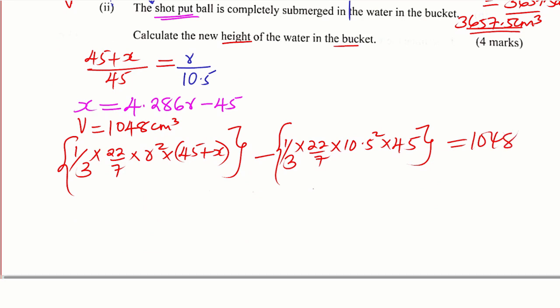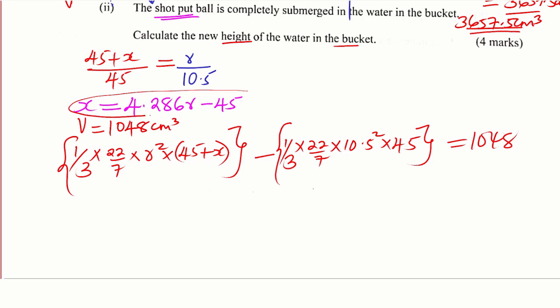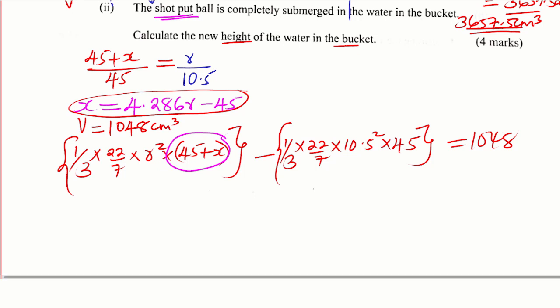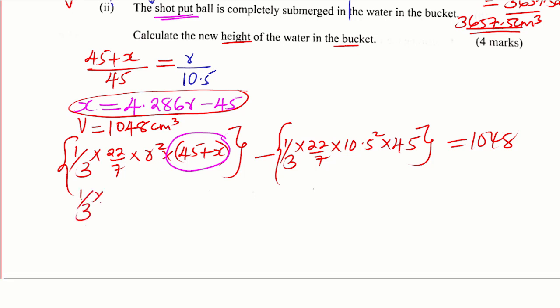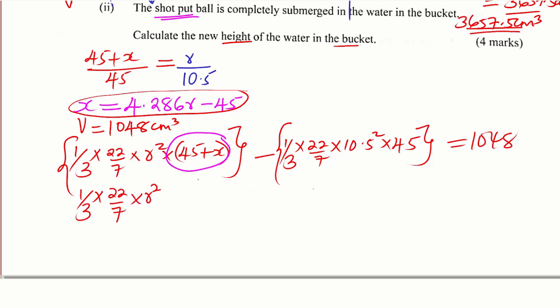Now you can see here we have two unknowns. We have 45 plus x. The reason why we got this expression for x is so that we can substitute it here. So let us do the substitution. We have a third times 22/7 times r squared, then times 45 plus x.